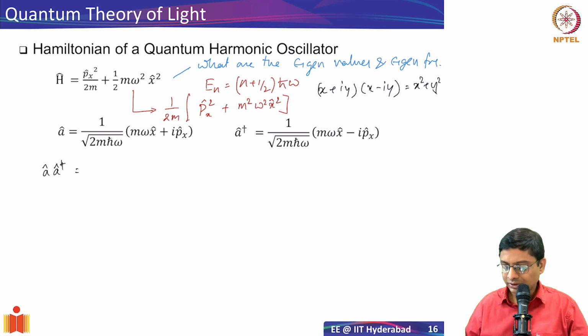Now this is going to be 1 over 2m h cross omega, because both have an under root of 2m h cross omega, into (m omega x cap plus I px) times (m omega x cap minus I px).